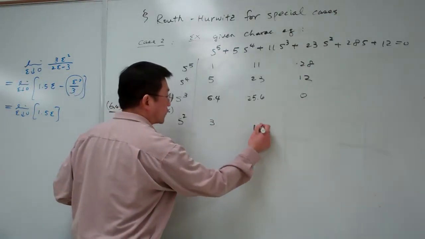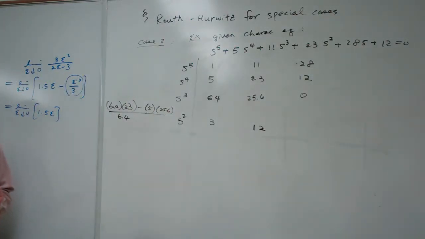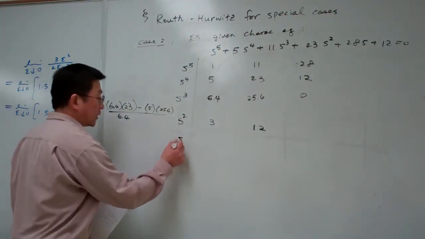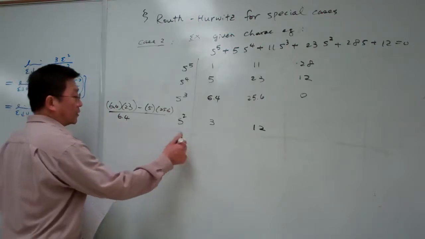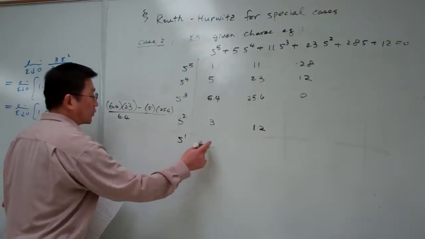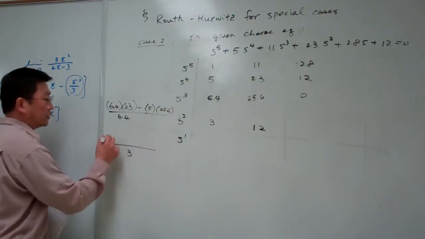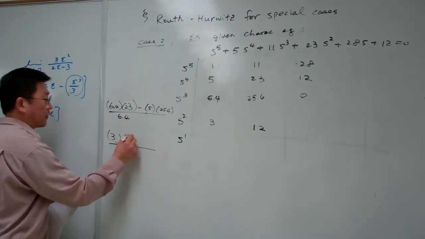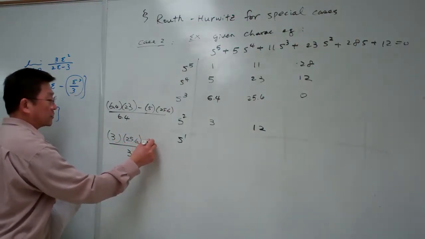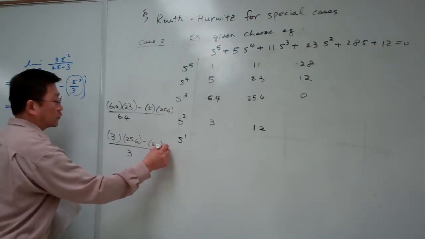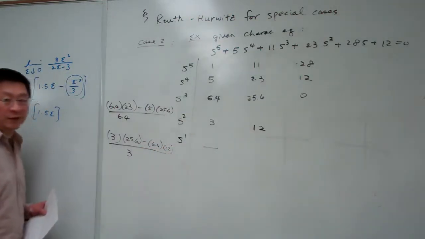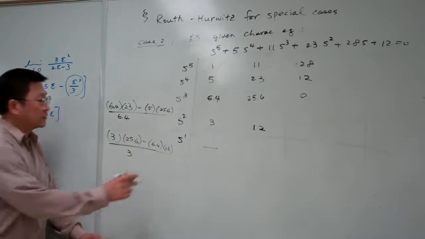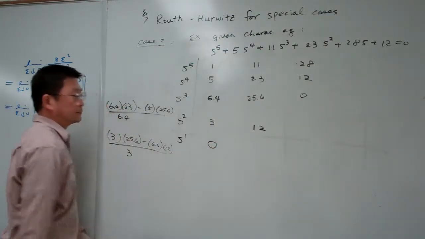Then this number we can repeat, equal to 12. So far so good. Then we proceed to s^1. Again this number is calculated by 3 times 25.6 minus 6.4 times 12, and this calculation becomes 0.